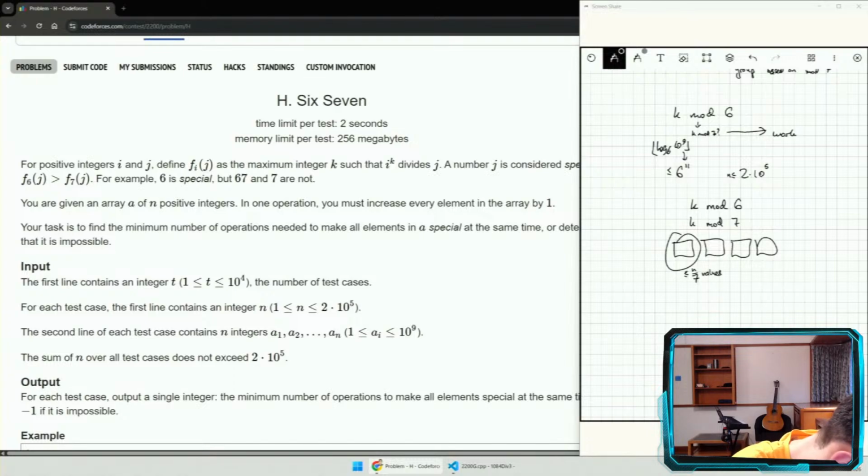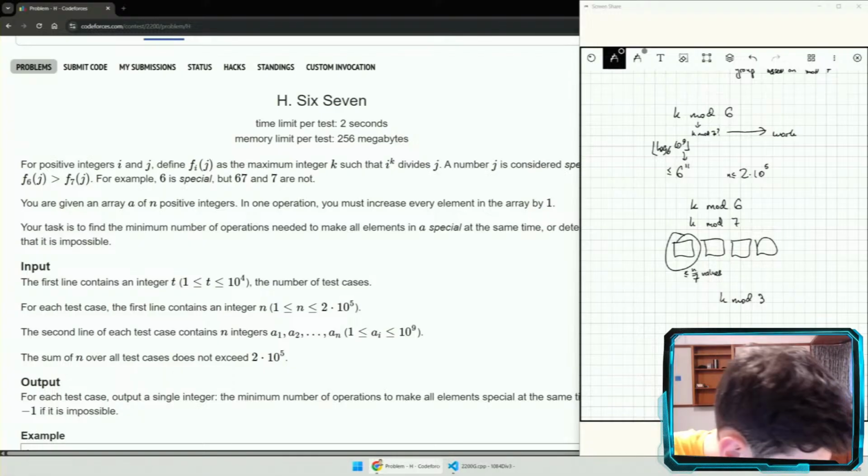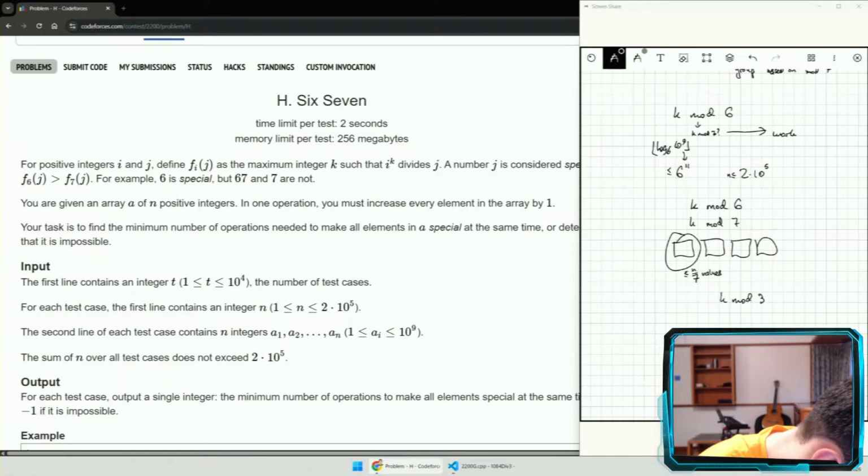And now I have a specific value of k mod 36 given by these values. And I keep going.